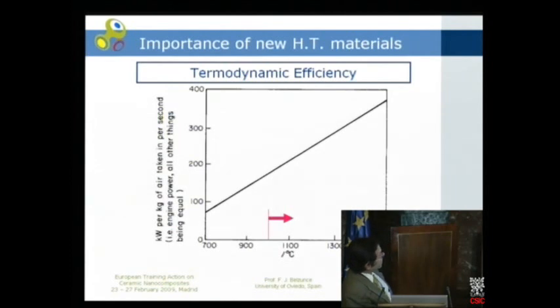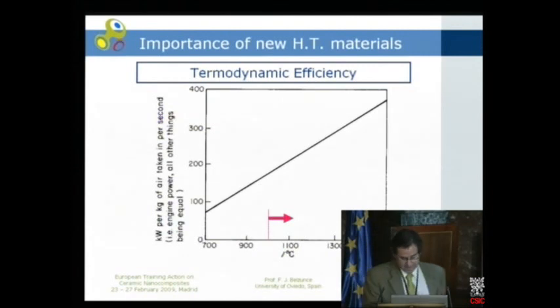In this case, you can see that the vertical axis is the kilowatts developed per kilogram of air, all the other conditions being the same. So it's very easy to see that it's very important to go to the highest temperatures in order to have a higher efficiency. And the problem will always be the same, just to develop materials to work at this kind of temperatures.